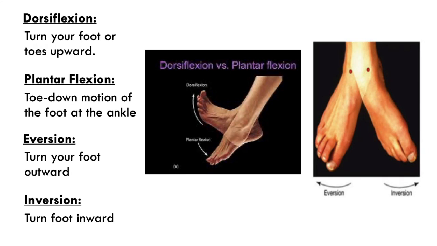Dorsiflexion is specifically with the foot, bringing it closer to the tibia, while plantar flexion is stretching it out. Dorsiflexion and plantarflexion can help with shin splints, and this is more of an up and down foot motion. Then we have eversion, turning your foot outward, and inversion, turning your foot inward.